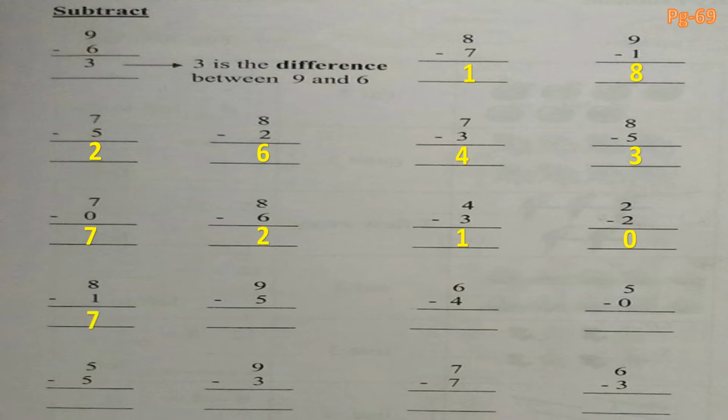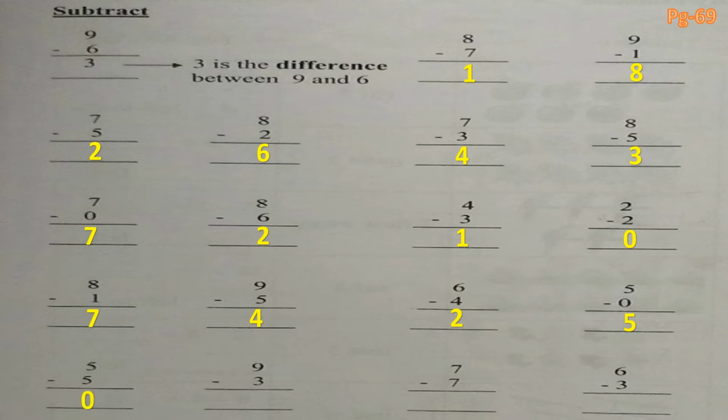8 minus 1? Correct, it is 7. 9 minus 5? It is 4. You all are doing well now children. 6 minus 4 is 2. 5 minus 0 will be, yes, 5. 5 minus 5?